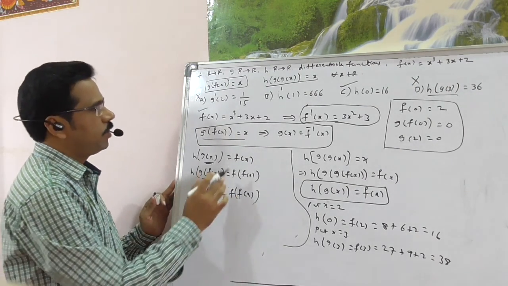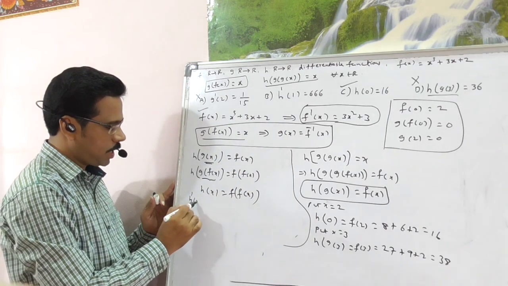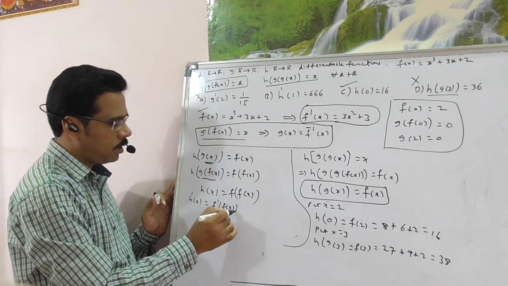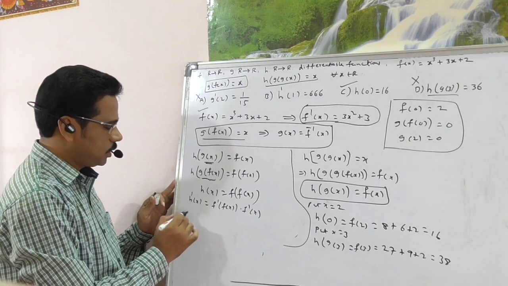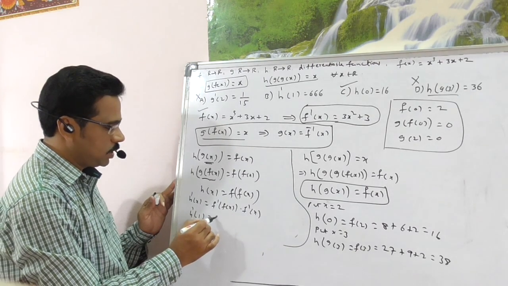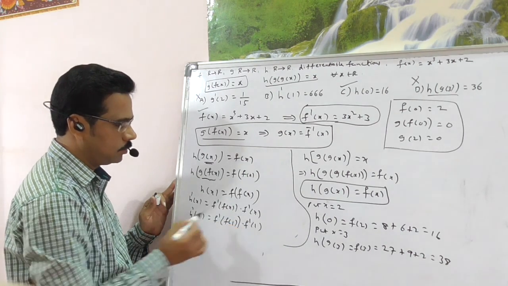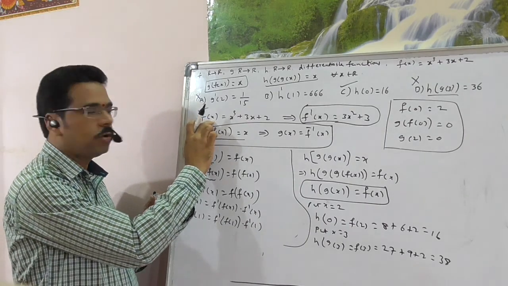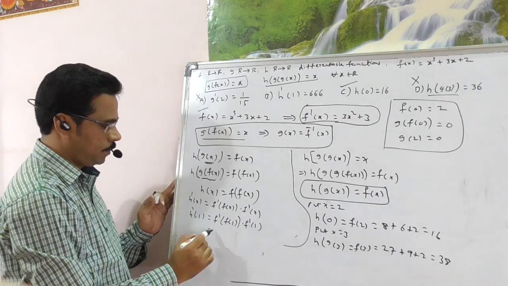Now differentiate, because we have to calculate h dash 1. H dash x is equal to f dash of f of x into f dash x. Put x equal to 1: h dash 1 is equal to f dash of f of 1 into f dash 1. Simple substitution. F of 1 is 1 plus 3 plus 2, that is 6.